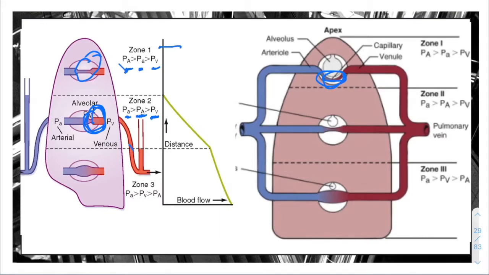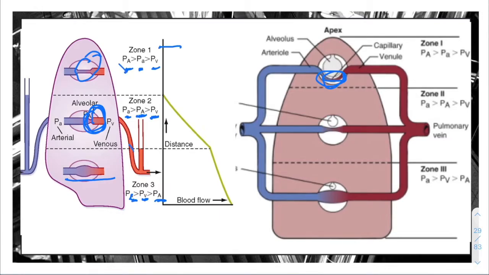Referred to as your waterfall effect. Okay, zone 3, your PA is greater than your venous pressure, which is greater than your alveolar pressure, and blood flows in this area in accordance to your pressure gradient.